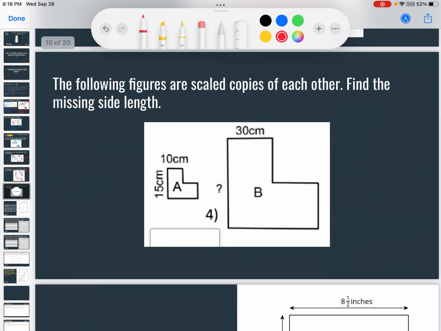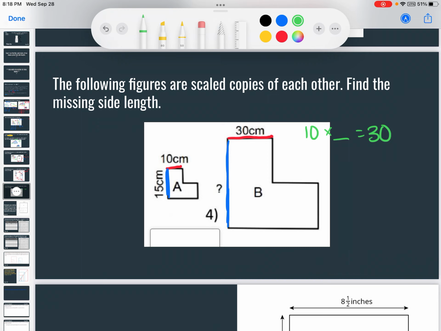All right, last one before we get into the book, okay? I have my corresponding sides, 10 and 30, and this corresponding side goes to this one. To get from 10 to 30, I have to figure out 10 times what equals 30.